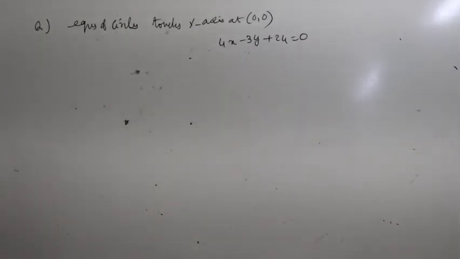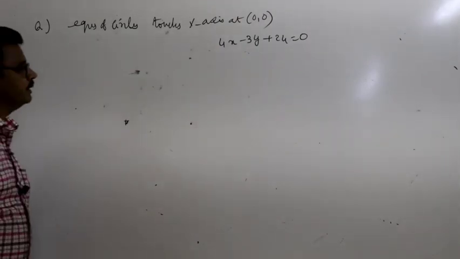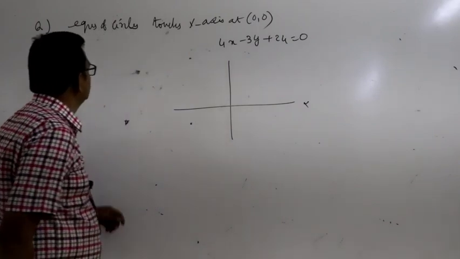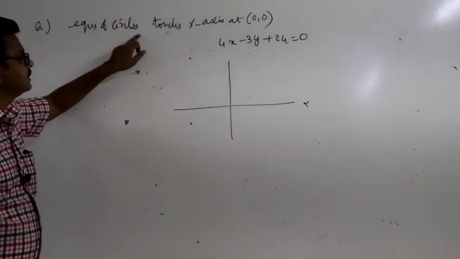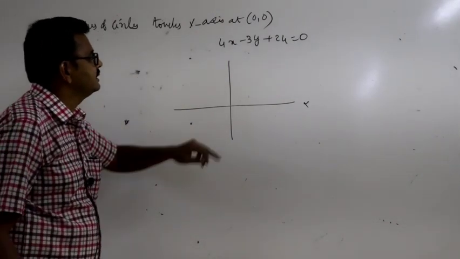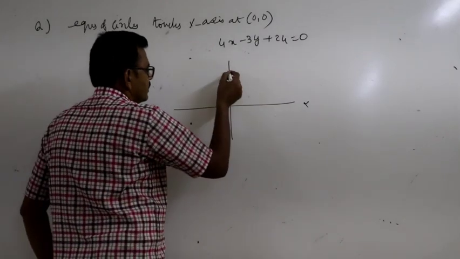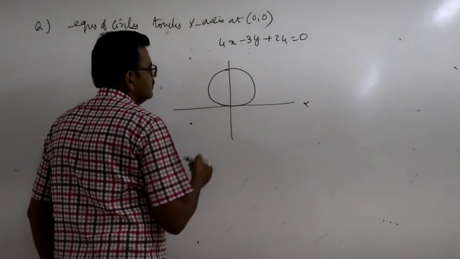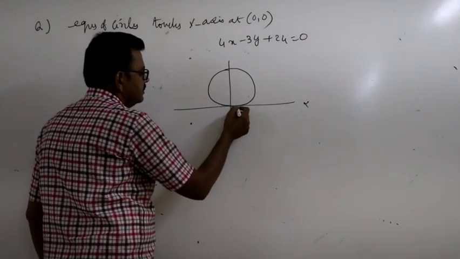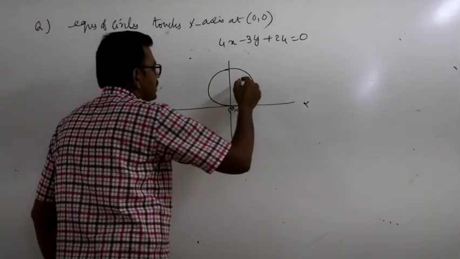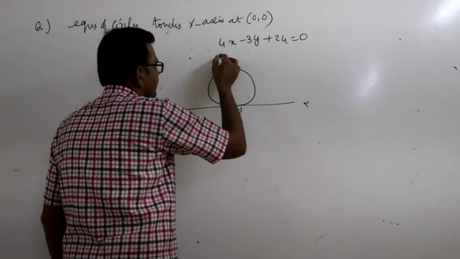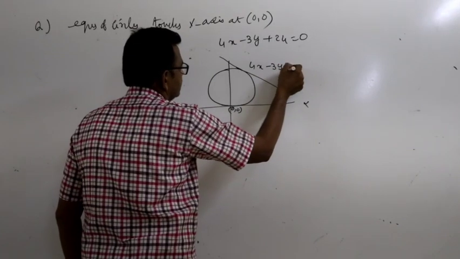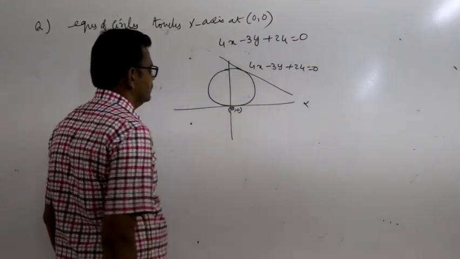This is the x-axis. At 0, 0 and also touches the line. Suppose this is one line. The line is 4x minus 3y plus 24 equal to 0.